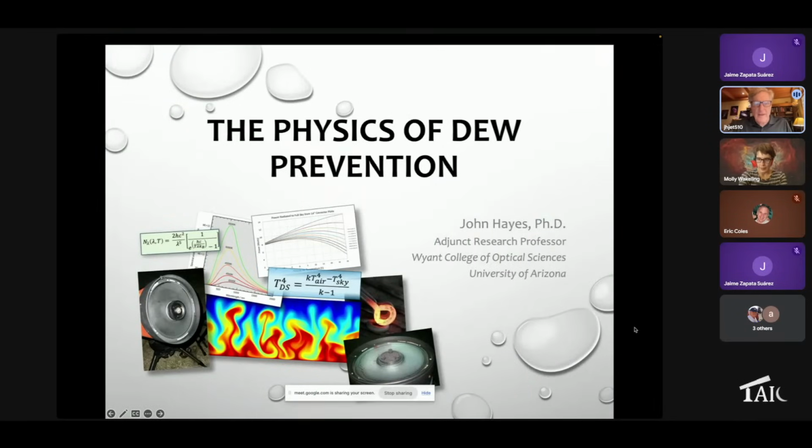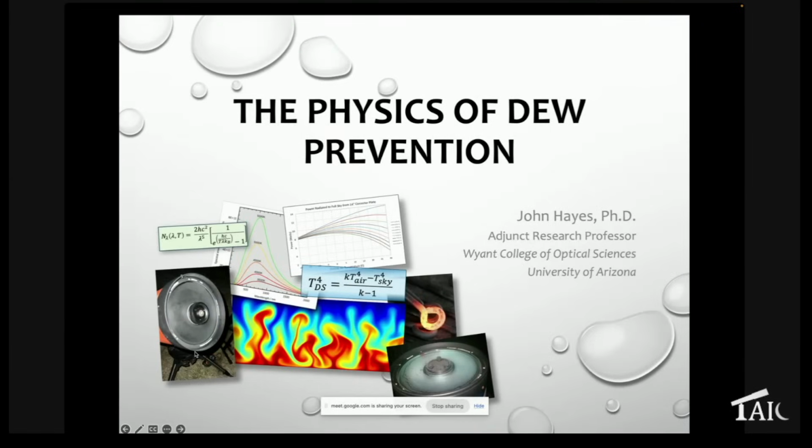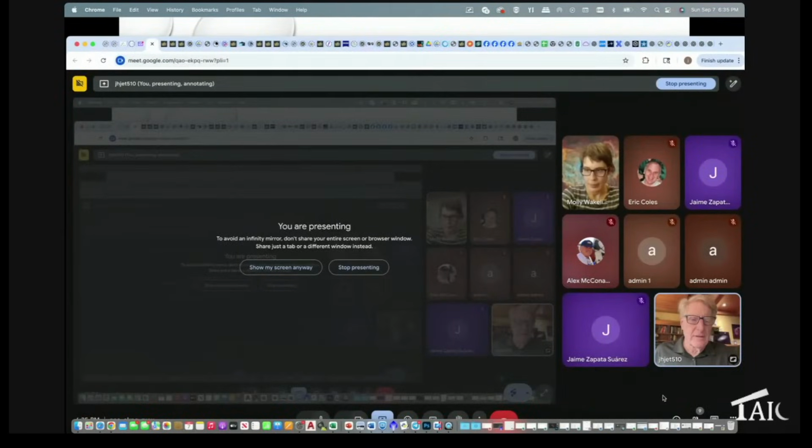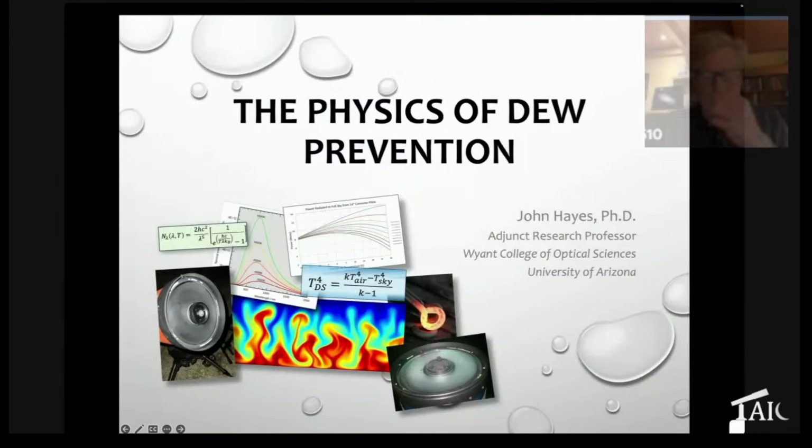Do we see that? Yes. And then down toward the bottom, there's a button that says hide next to where it says stop sharing. Yes. Okay, just hit that hide button. There we go. Perfect. Okay, hit Command Tab to switch back to your presentation. Command Tab. Oh, there you go. All right.